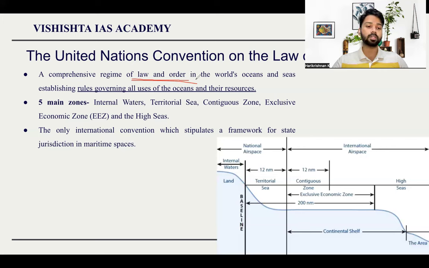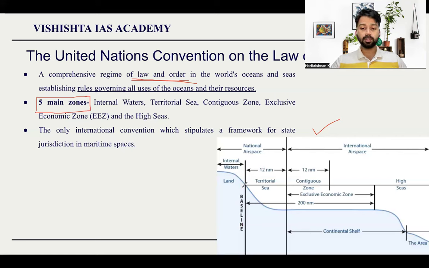It divides the entire ocean into five main zones: internal waters, territorial sea, contiguous zone, exclusive economic zone, and high sea. So let's take a look at this diagram. It's extremely important. Try to remember it very well.